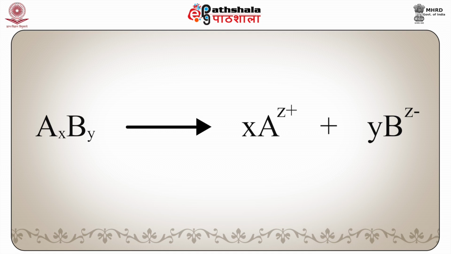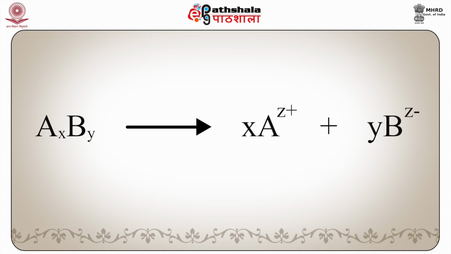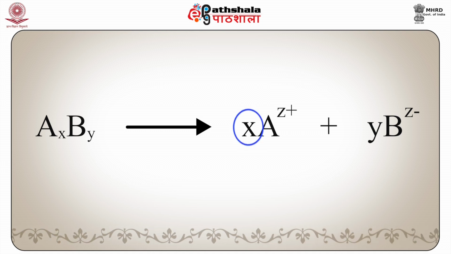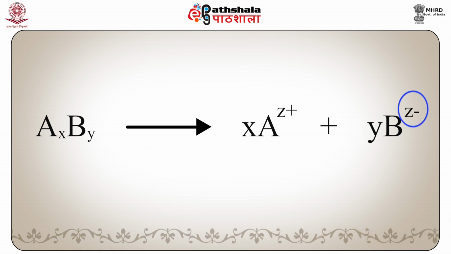Now we shall talk about ionic activity. Ionic activity has more importance in the case of ionic solutions or electrolytic solutions than in the case of non-electrolytic solutions. This is due to the presence of strong interactive forces among ions in electrolytic solutions. For an ionic solute of the type A_x B_y, which dissociates completely according to the equation A_x B_y giving x A^(z+) plus y B^(z-), where x is the number of cations with charge z+, y is the number of anions with charge z-.